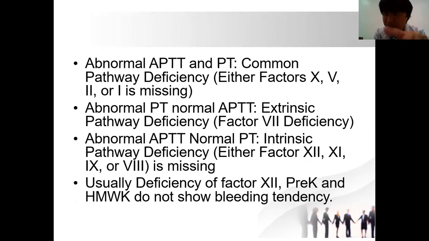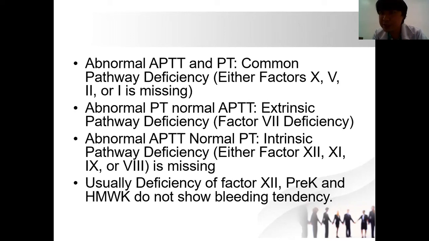If both APTT and PT of the patient are abnormal initially, prior to the mixing study, that is the common pathway. When the abnormality is only in the prothrombin time, that is the extrinsic pathway, and that is only factor 7 deficiency. If abnormal APTT is detected in the patient, an intrinsic pathway deficiency is being observed.